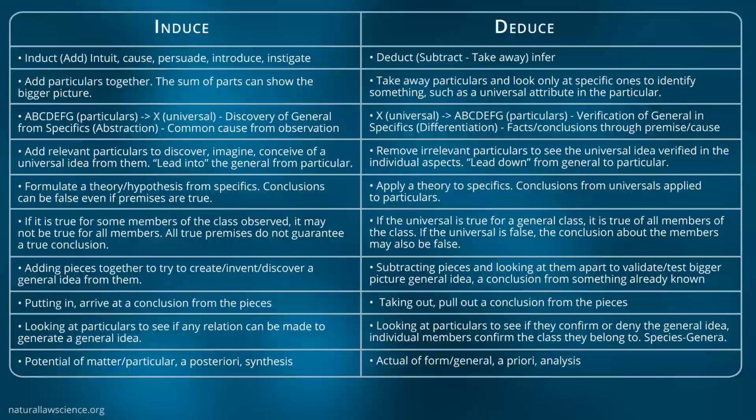All true premises, all true particulars do not guarantee a true conclusion of a universal, because maybe you have selective particulars which do not allow you to arrive at a proper conclusion about reality, about universals. So in deduction, though, if you've already established that the universal is true through the process of verification, then it's true for all members of that class. If the universal is false, then the conclusion about the members may also be false.